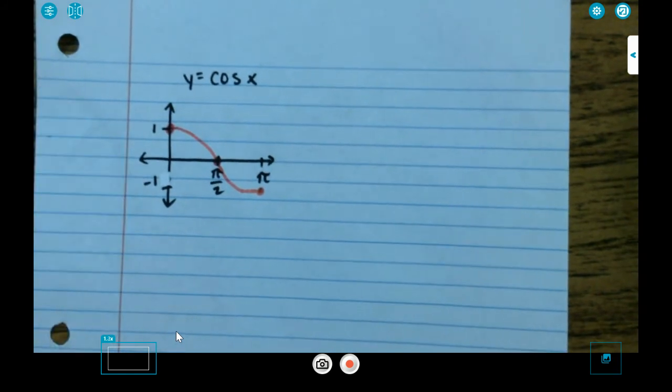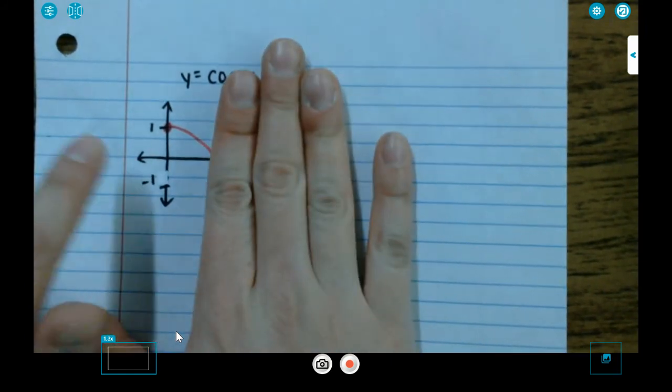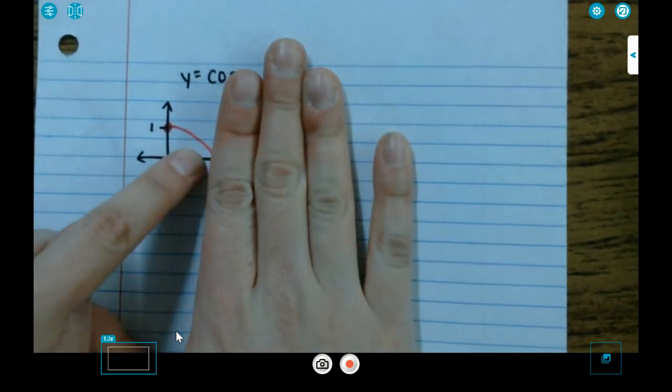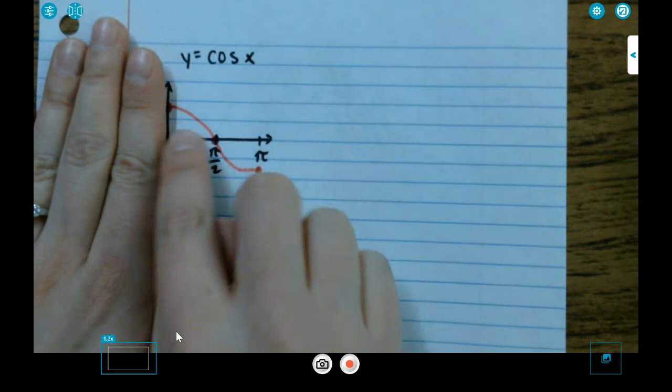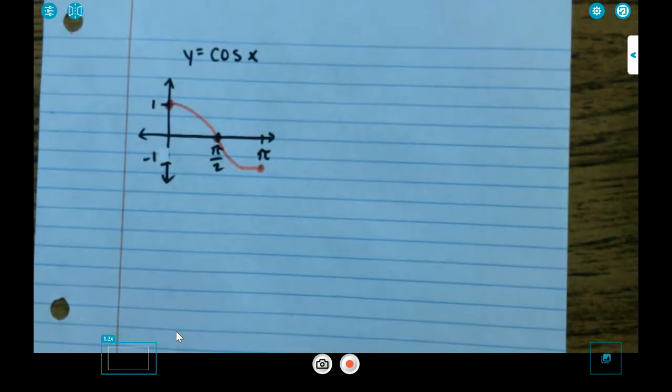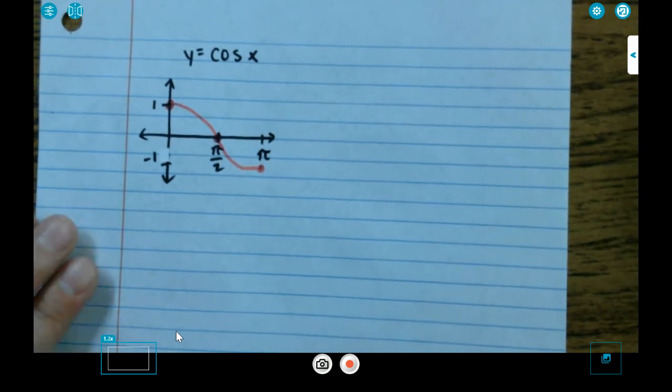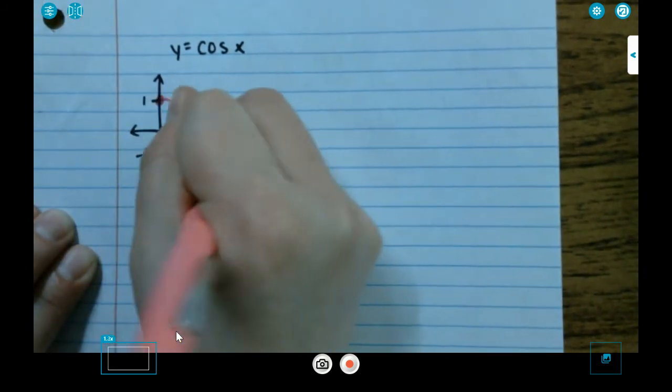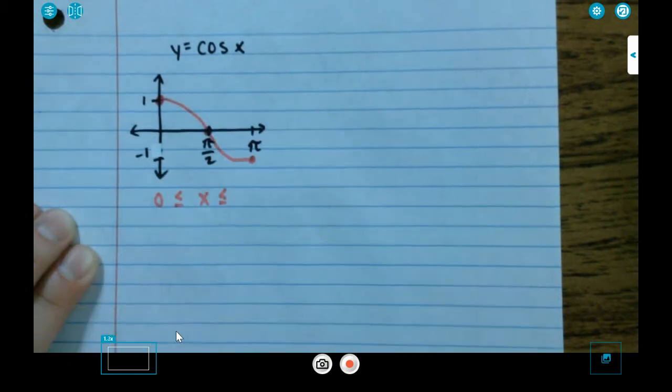The reason why we have to do that is because if we were to do this other chunk, it would just be the top half. We need both a quarter of the top and a quarter of the bottom, so that we have everything between positive 1 and negative 1. So the domain for our inverse function for cosine is that 0 is less than or equal to x is less than or equal to pi.